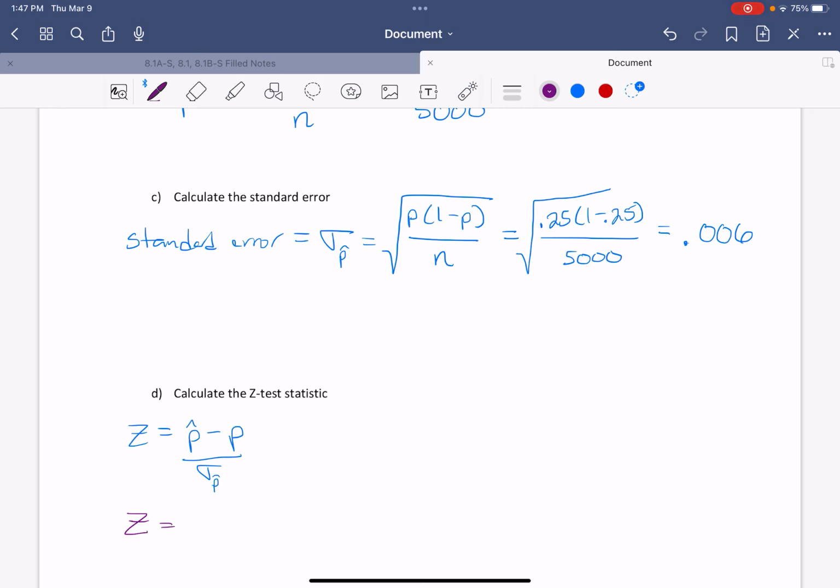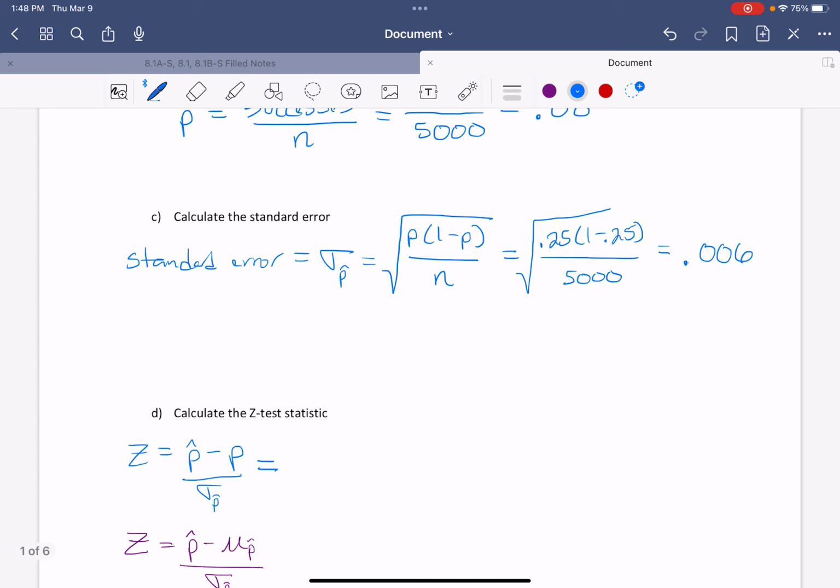You could have also done z equals p hat minus mu sub p hat all over the standard error. They're the same thing, because remember that p is equivalent to mu sub p hat. They are literally equal, by definition. So it's up to you which format of the formula you prefer. Personally, I just prefer the top one, so I'm just going to continue from there.